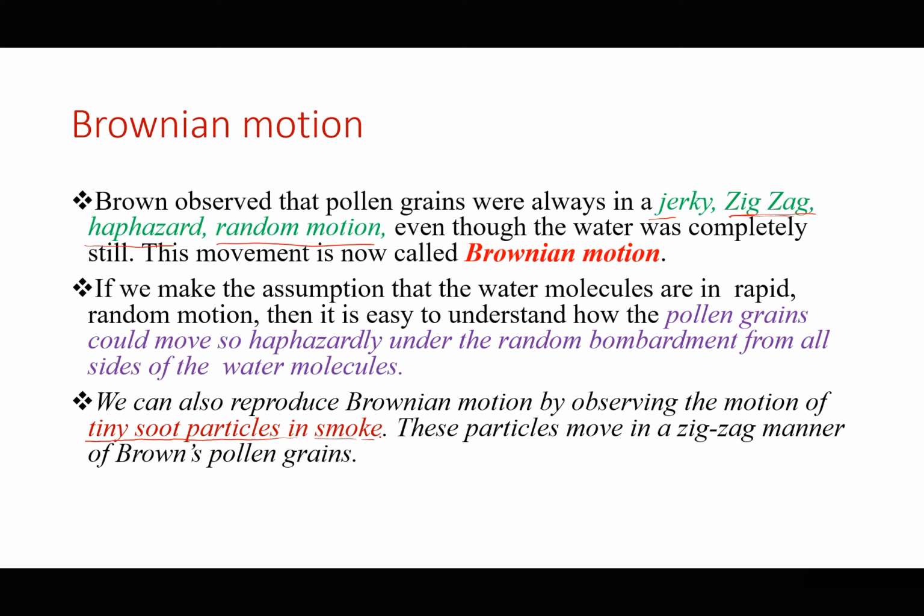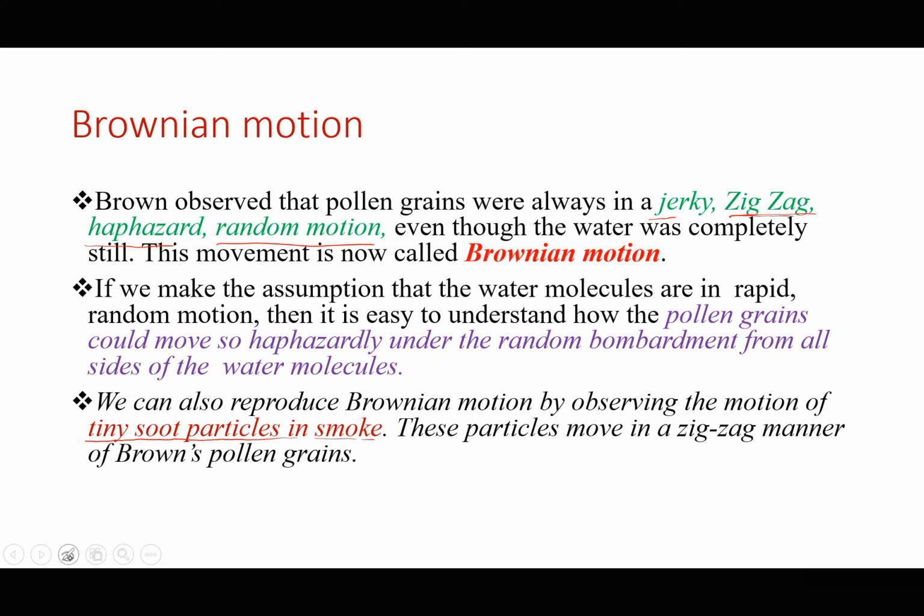But all we can conclude is that the molecules are continuously moving in different directions. That's why the pollen grains which we can see move in a zigzag fashion. The soot particles which we can see move in a zigzag fashion. The dusty particles that you can see through your ventilator in the direction of the sun are moving in a zigzag fashion, simply because they are colliding with the air molecules.